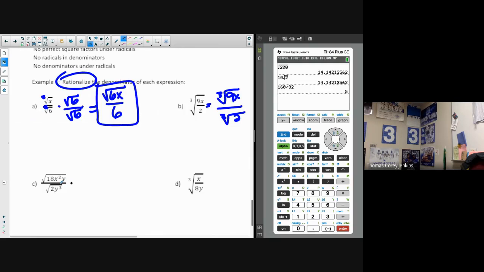Or you could be a little more efficient and think, all I really need to add to that is a 1. So I could just multiply by the square root of 2y, if that makes sense. If you forget that though, just square that number. But I'm going to be just a little bit more efficient on this one.